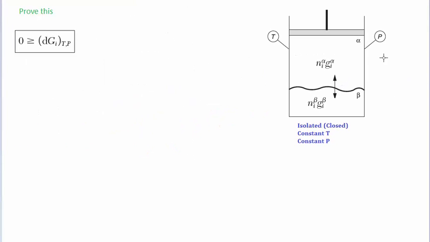So again, we have an isolated system at constant temperature and constant pressure, and here we're saying there's a phase, phase alpha. You could think of it as a vapor for now, but it could be a liquid, it could be a solid.